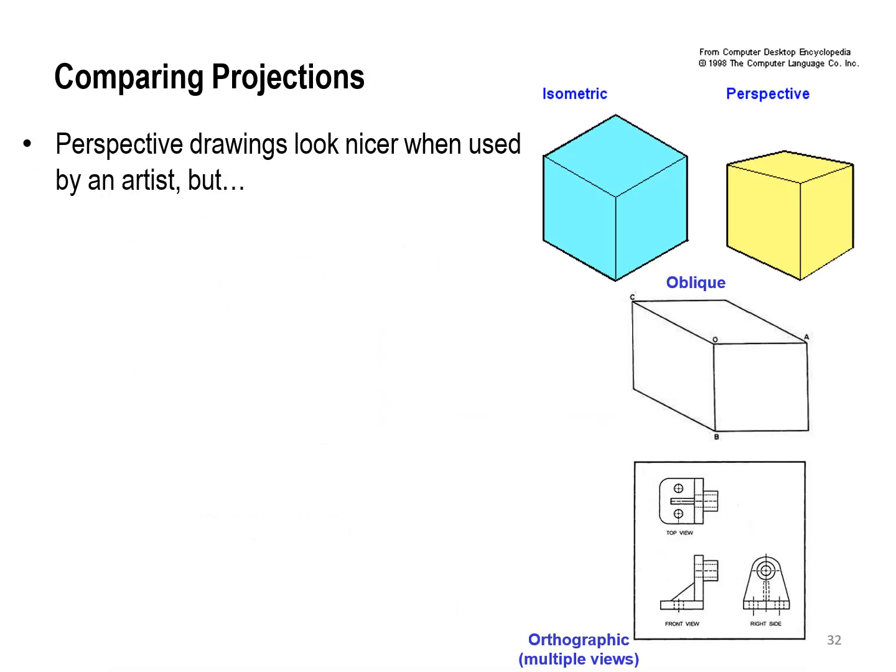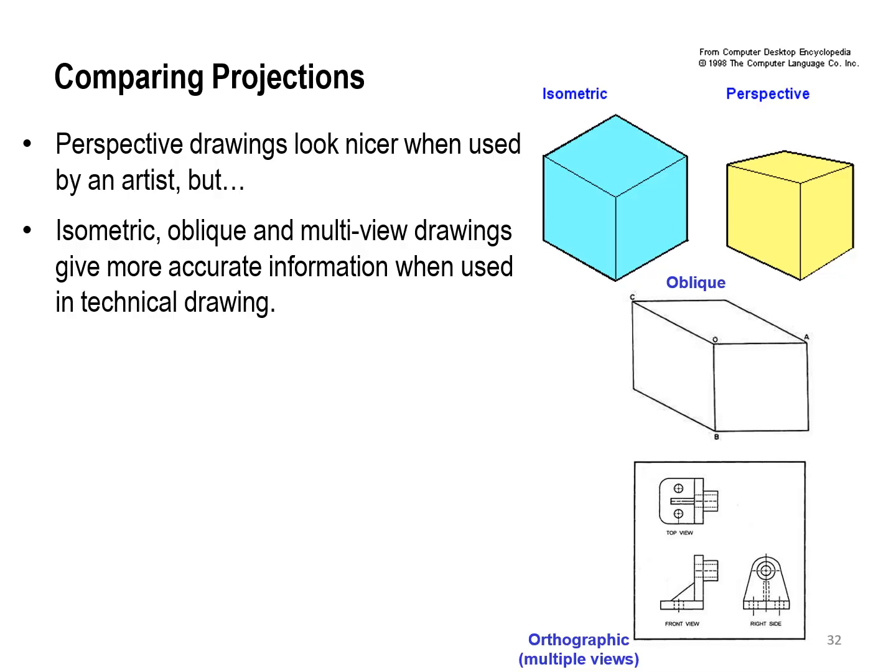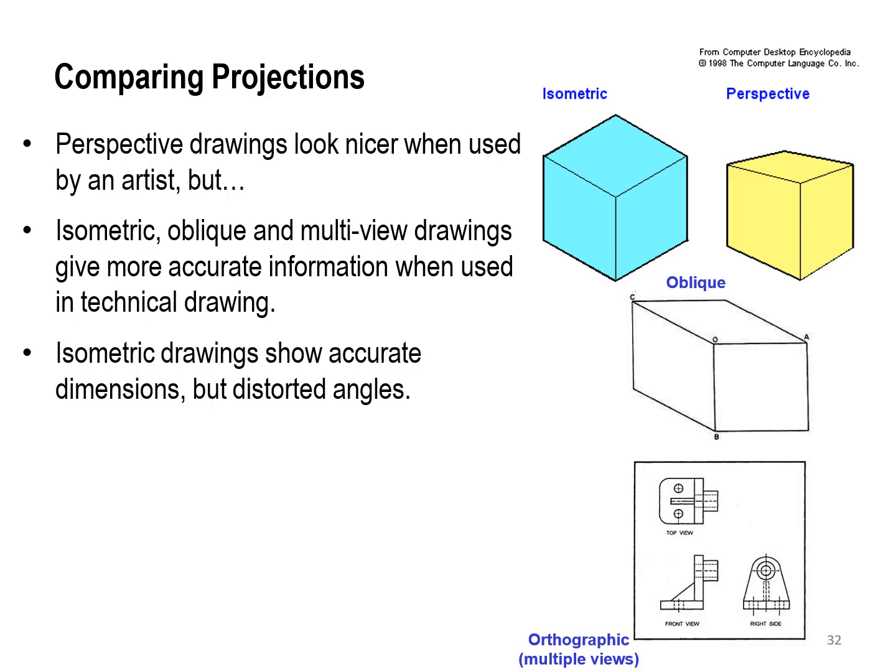So complex projection can also be applied. For example, we can have the isometric and perspective ones. We can have the oblique type and the orthographic type. Perspective drawings look nicer when they're used by an artist, but in general, the isometric, the oblique, and the multi-view drawings give more accurate information when used for technical drawings.